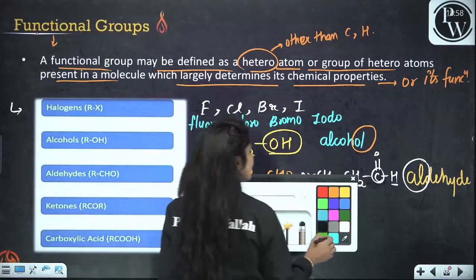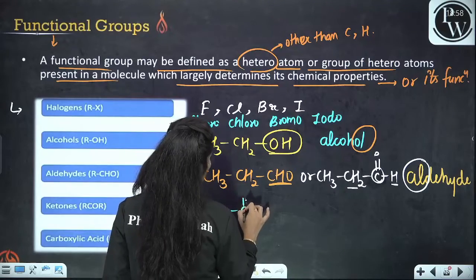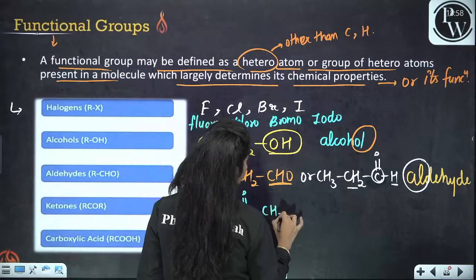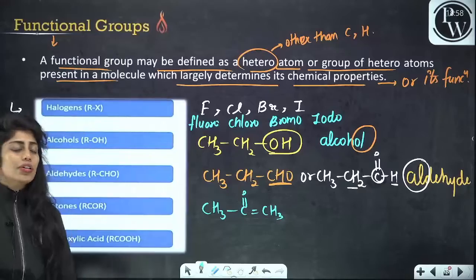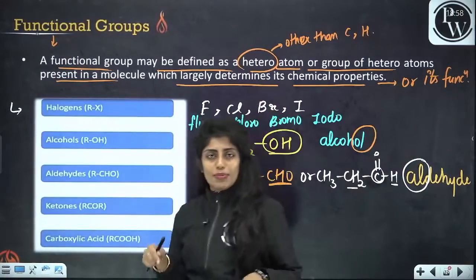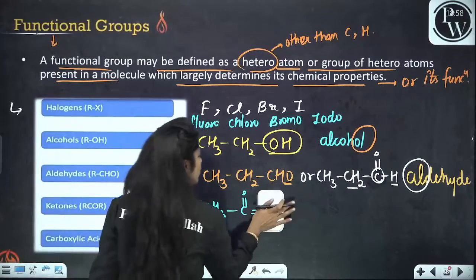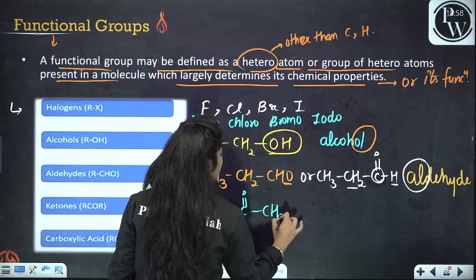Next we have the ketones. Ketones are nothing but CH3, CO, CH3. You can see the antenna-like structure. The oxygen is on the head of the carbon. You can see no hydrogen this side or that side, only single bonds. Done.